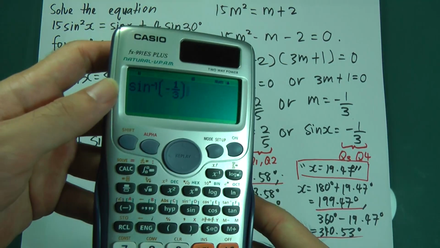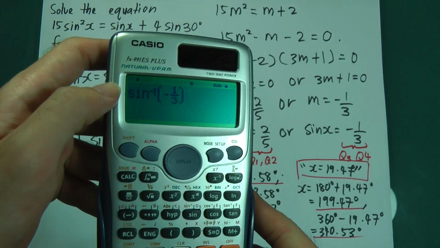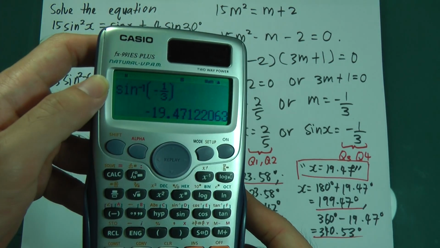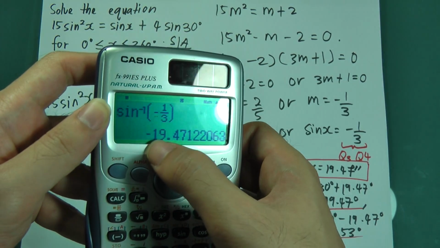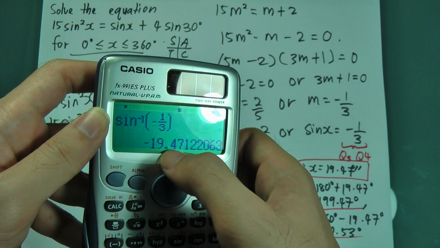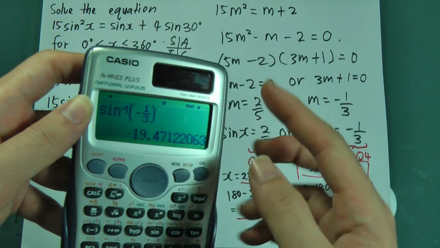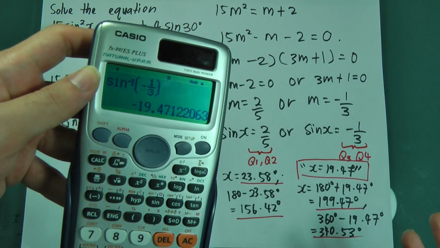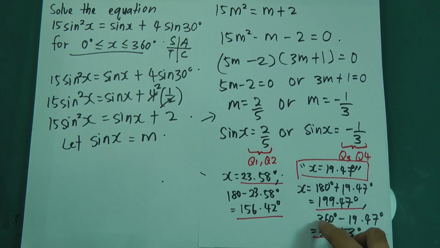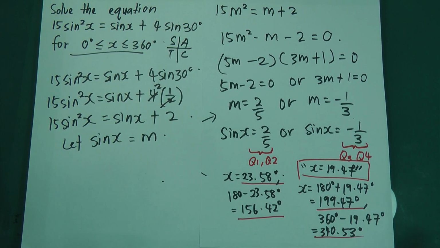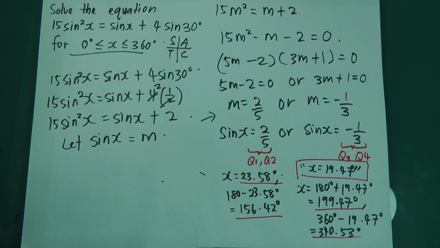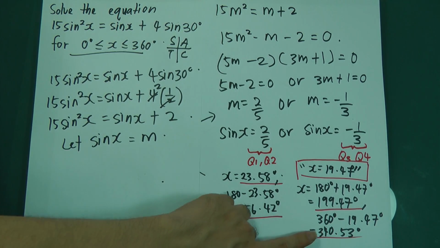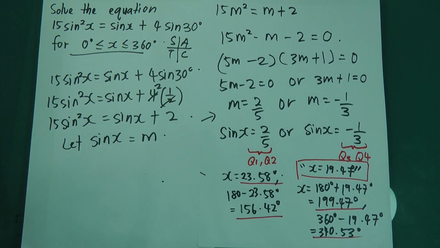See what happens when I press negative. Because a lot of students do not know what the meaning of negative 19.47 is. However, if you use the other modules of the calculator, it will give you the angle 199.47. But when you get 199.47, you do not know how to find the answer in the fourth quadrant, because the calculator will not give you the answer for that quadrant.